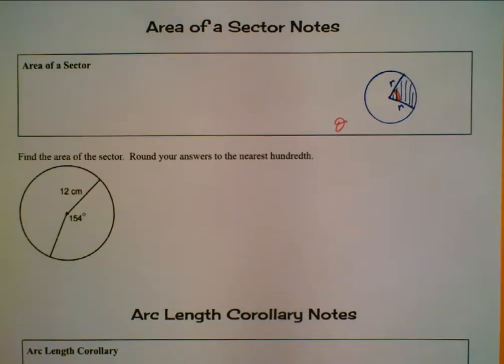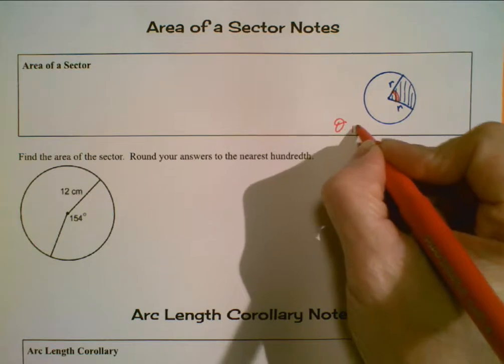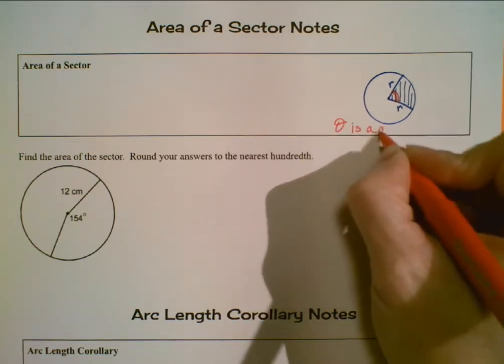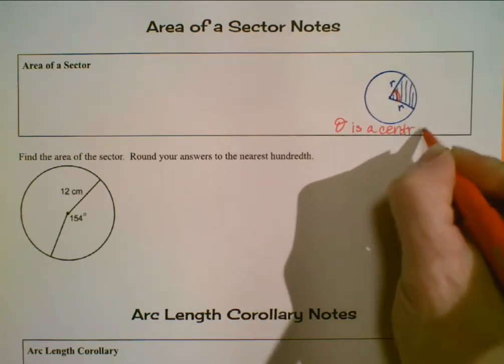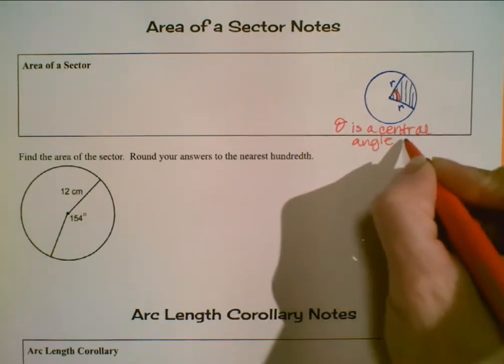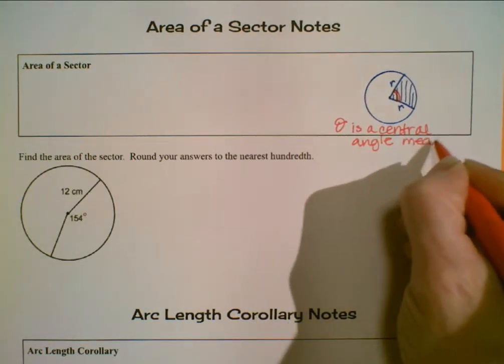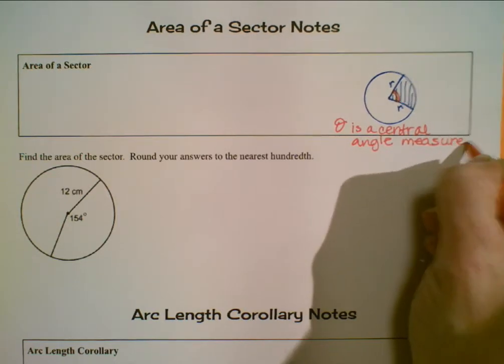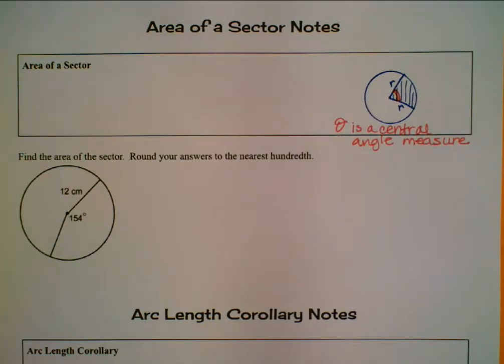Theta is a Greek letter, kind of resembles a capital O, but theta is a central angle, specifically its measure. And we are looking at measures in degrees. These could be done in a different form of angle measurement, but we haven't studied that yet, so we're not going to be working with those at all.